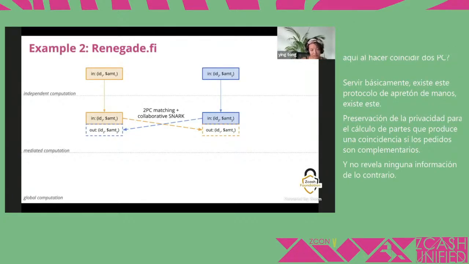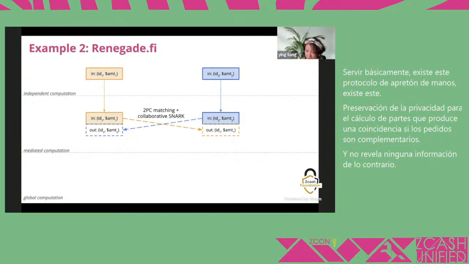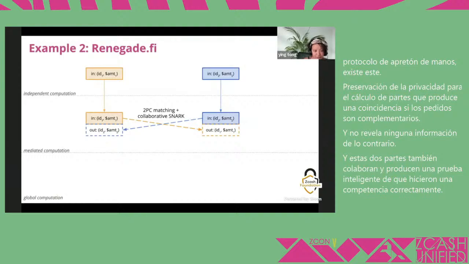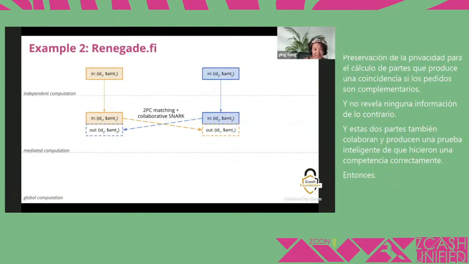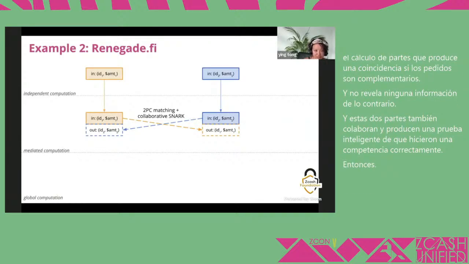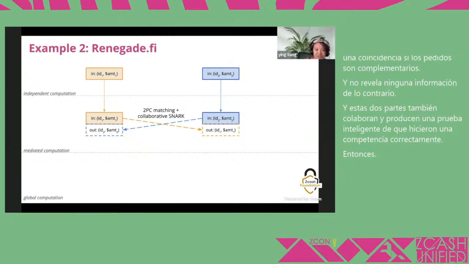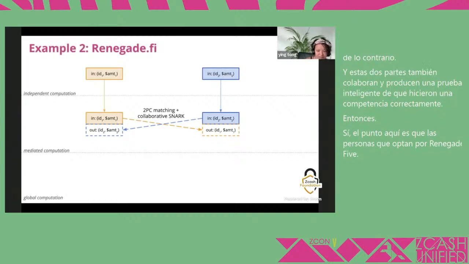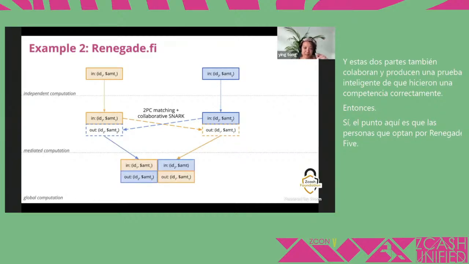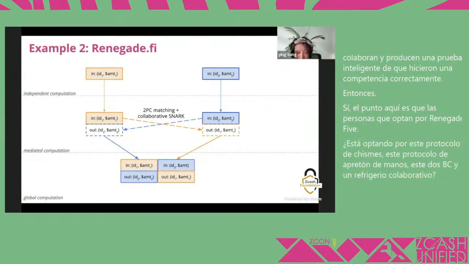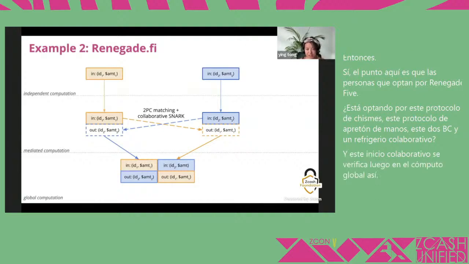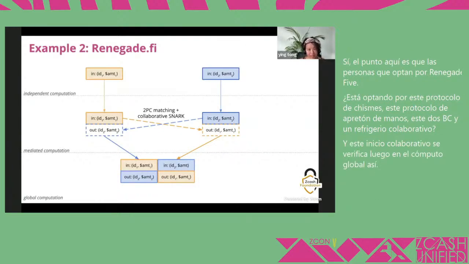These two parties also collaborate in producing a snark proof that they did the computation correctly. The point here is that people who opt into Renegade Phi are opting into this gossip protocol, this handshake protocol, this 2PC and collaborative snark. And this collaborative snark is verified then in the global computation. So this 2PC matching is very much baked into the protocol for Renegade Phi.